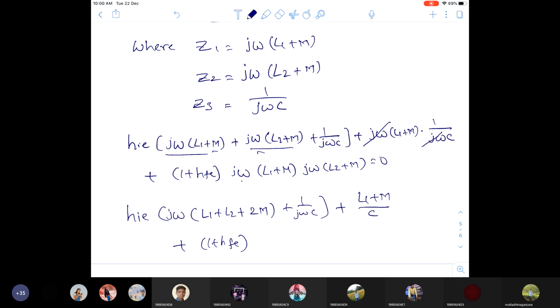So j omega into j omega gives j square omega square. What is j square?